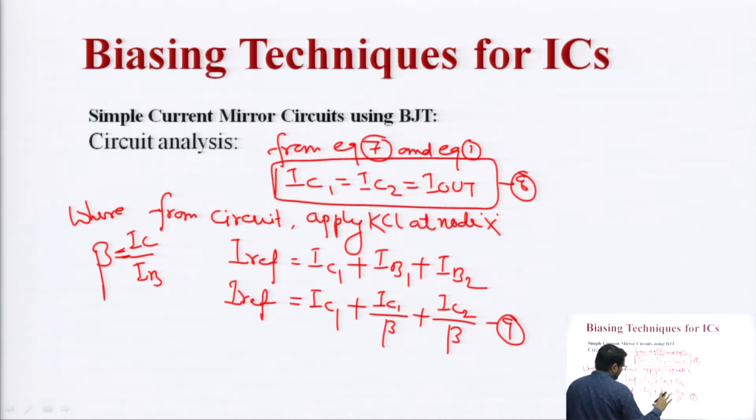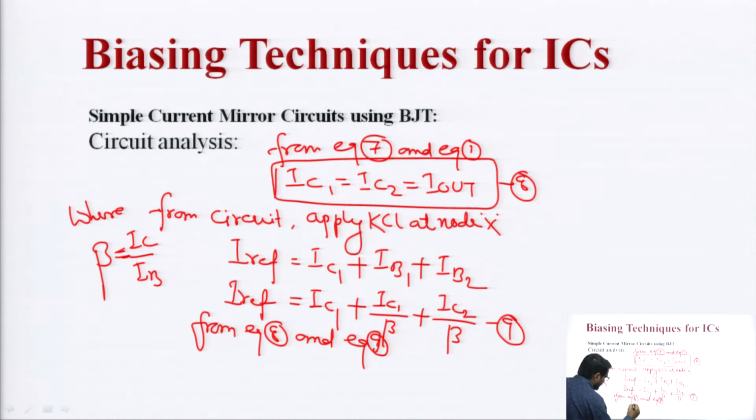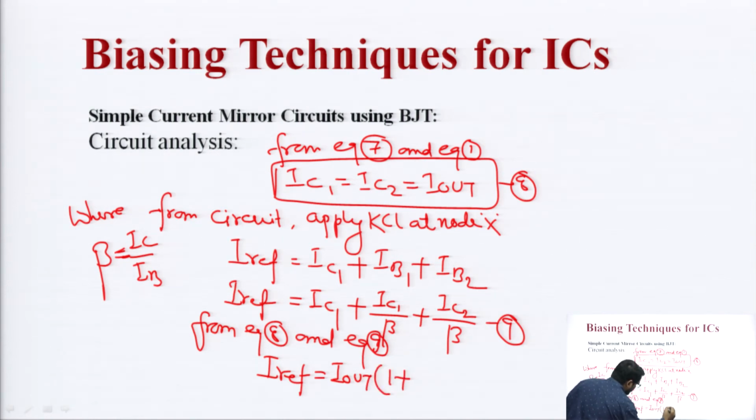So, from equation 8 and equation 9, we find I reference is equal to I out times 1 plus 2 by beta. And this is our equation 10.